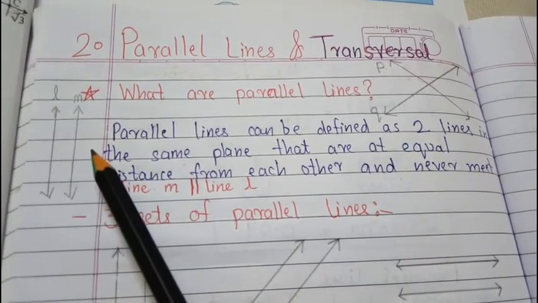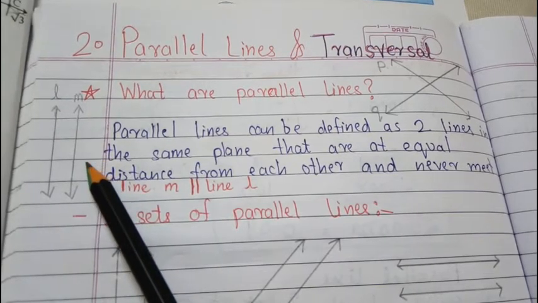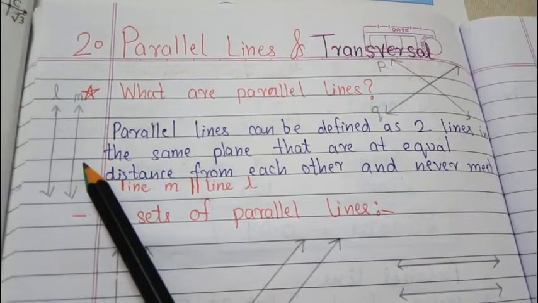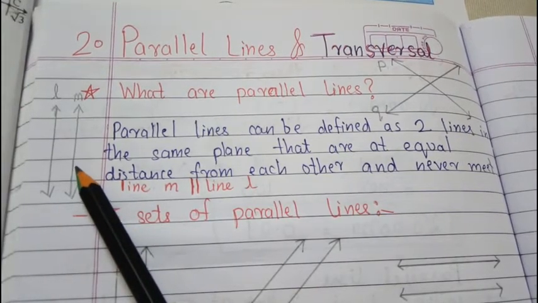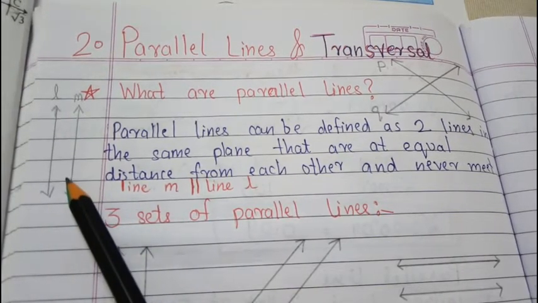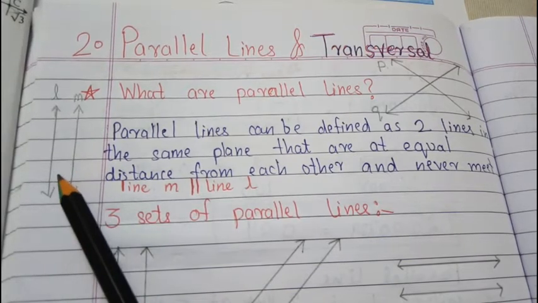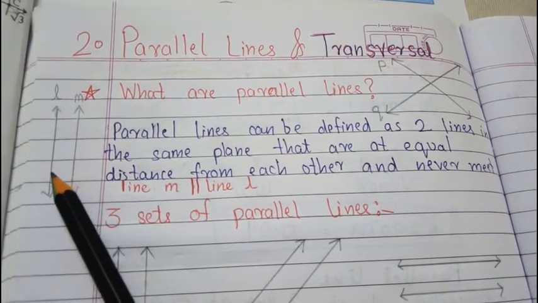Here, on the left hand side, you can see a picture of parallel lines. I have drawn two parallel lines, which are a pair of straight lines at equal distance.